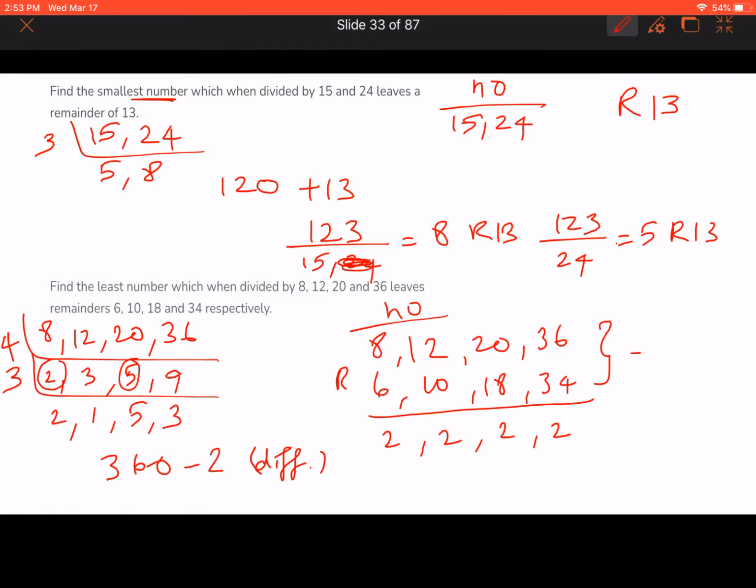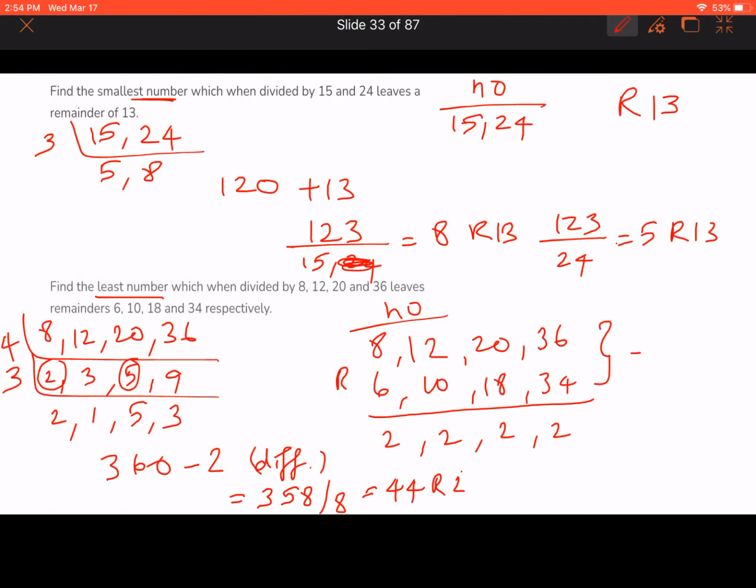But we want to find only one least number which satisfies all these numbers, right? So we have to subtract the difference, thereby we'll be getting one number which is 358. Okay, you can try it out. If you divide this by 8, we will be getting 44 times remainder 2.